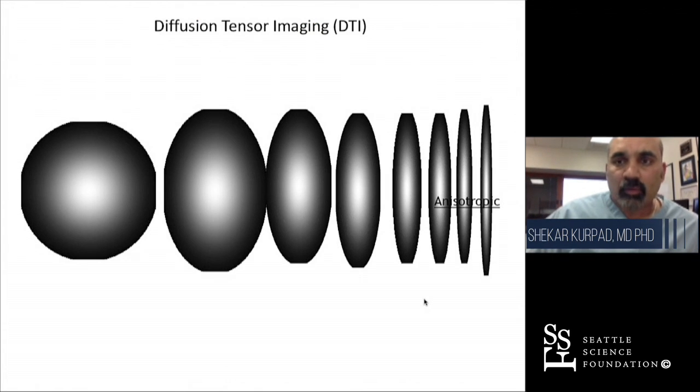To the right would be a completely anisotropic profile, as one would expect to see in a bundle of healthy axons, and to the left, a completely spherical isotropic profile, such as would be seen in a completely disrupted area of tissue with unhealthy axons.